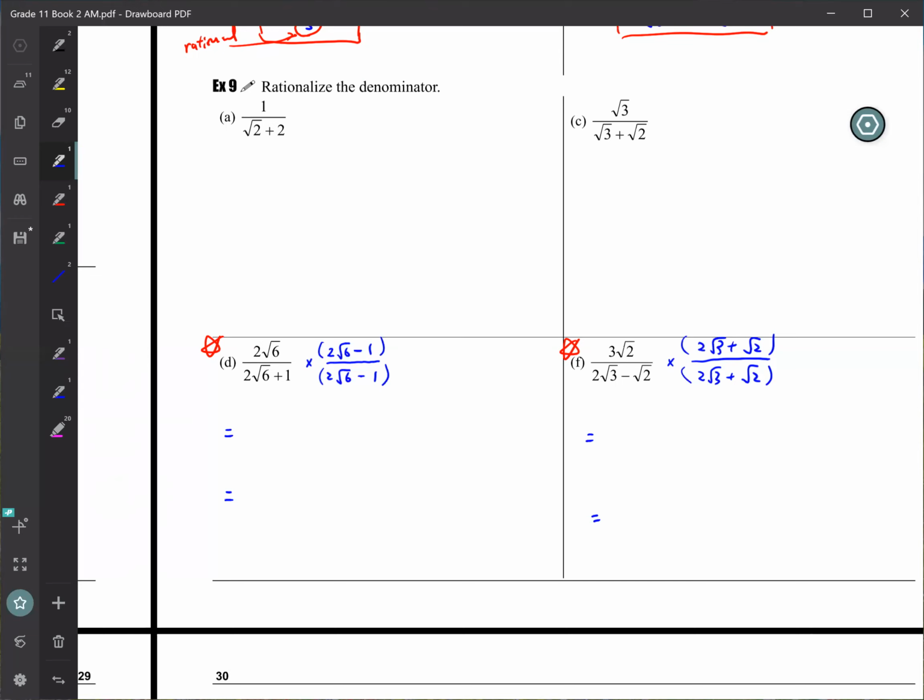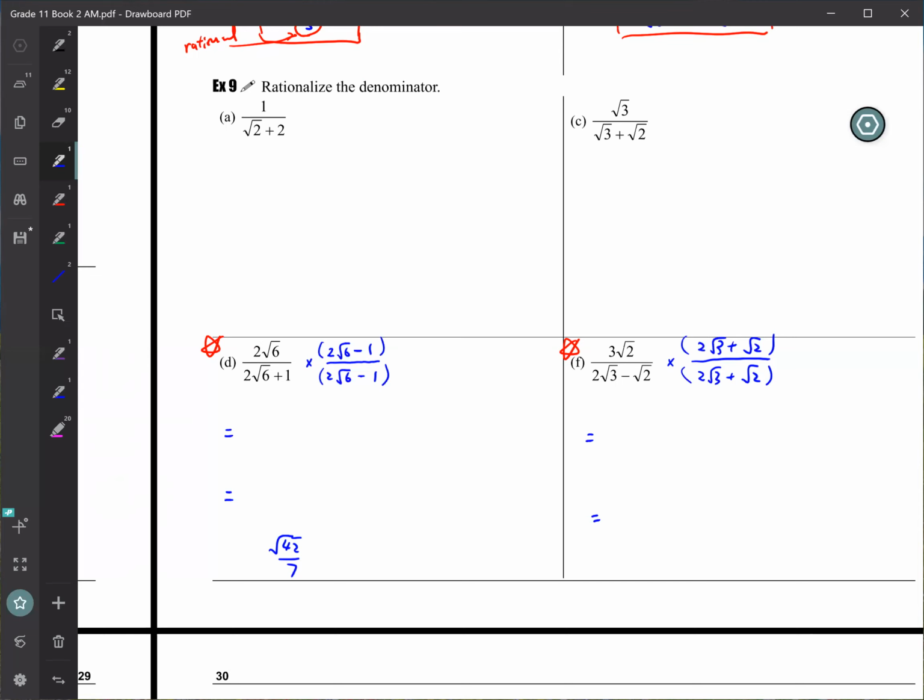Okay, Nathan, what's your final answer for D? Square root of 42 over 7. Like that? Is that the answer? Yes. Yeah, okay. Any other answers? Aaron, what's yours for D? Do you have the same? I don't have the same.